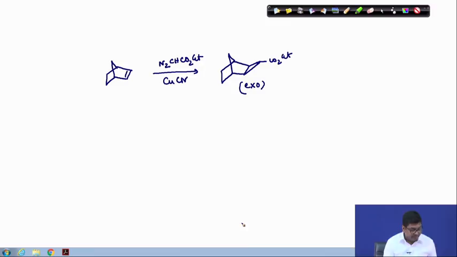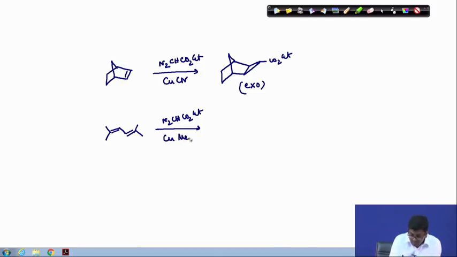Next, if we take the diene, as per this example, with the corresponding diazo ester as the carbene precursor and with the copper metal, then again the product is the monocyclopropane.